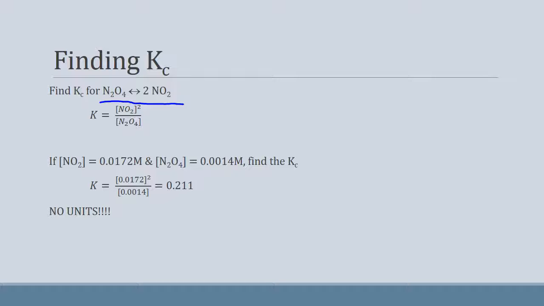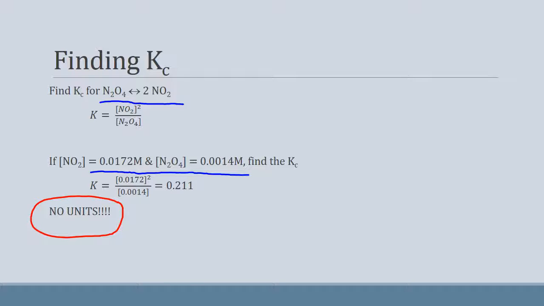If they gave us values for NO2 and N2O4, as we're given here on this second line, we can plug those numbers in and find a value for our K. We plug them in, we square the one value, divide the whole thing, and you get a K value of 0.211.